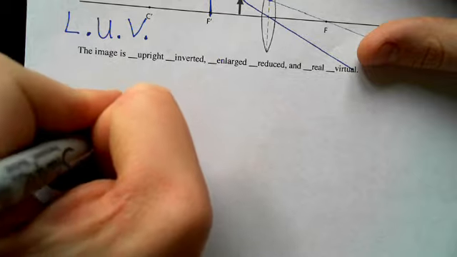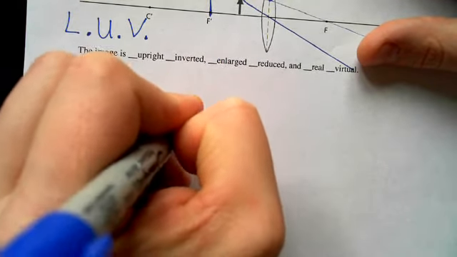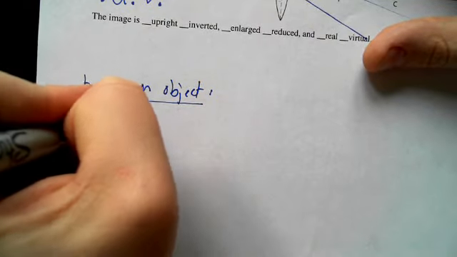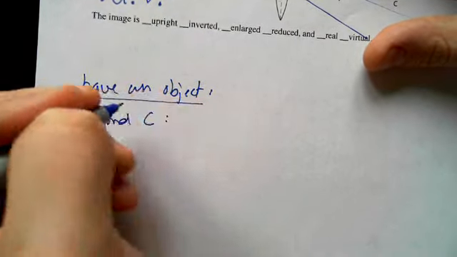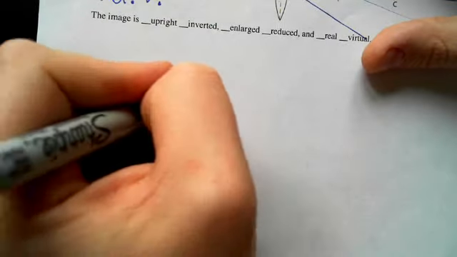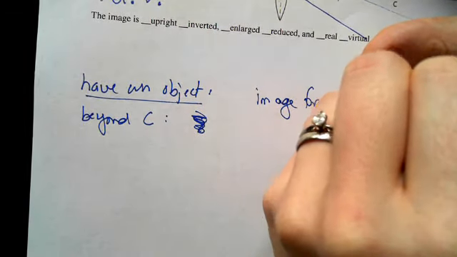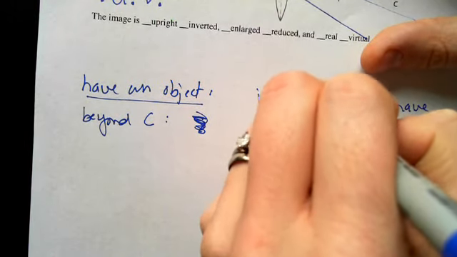So for convex mirrors, easy way to remember this, guys, anytime you have an object basically beyond the center of curvature, the image formed will have these properties.